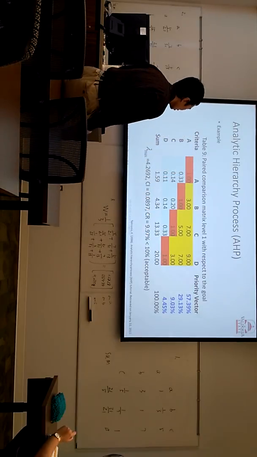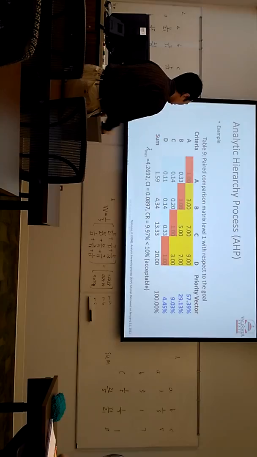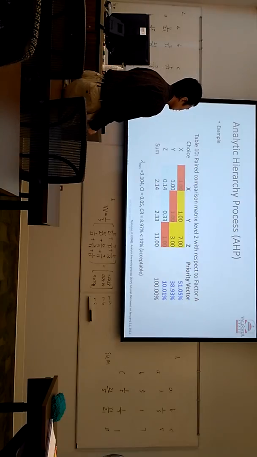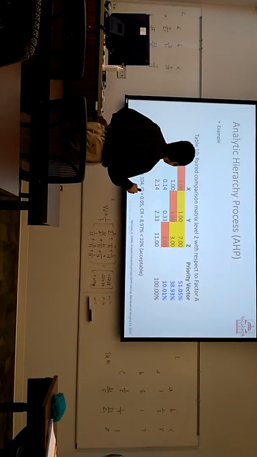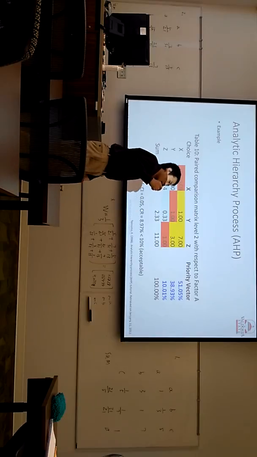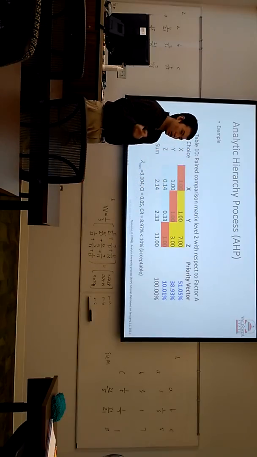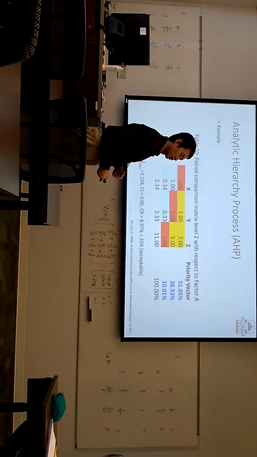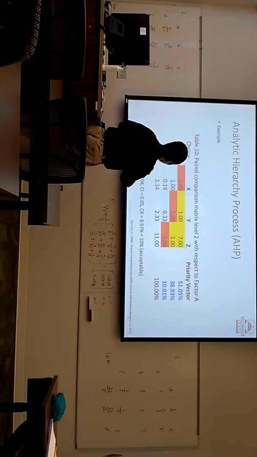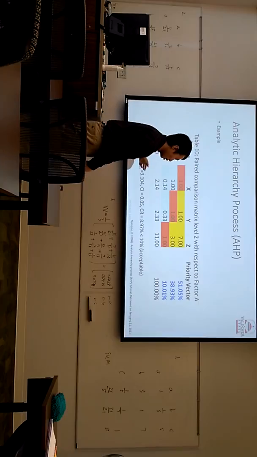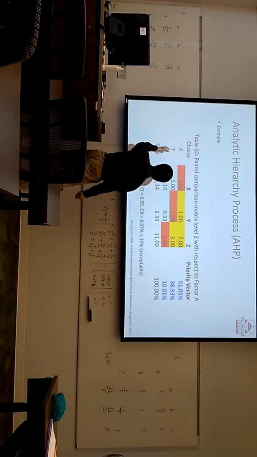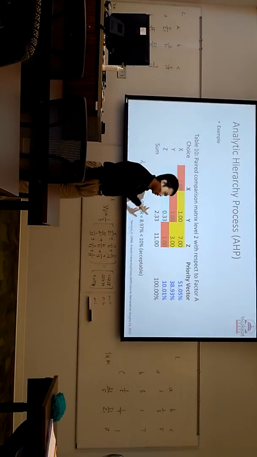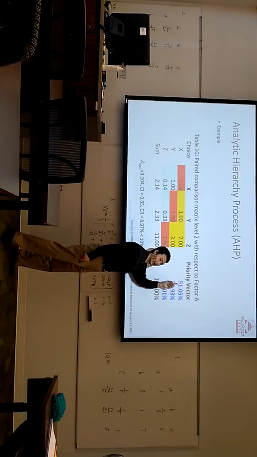After we know which factor is more important, let's evaluate each alternative or each choice against each of the factors. So we have three choices. How do we evaluate those three choices against the first factor?